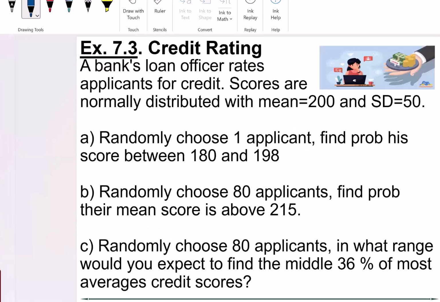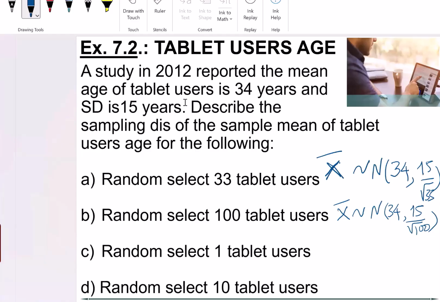But in this case, it didn't say anything about the original distribution. So the central limit theorem is not applicable here. But we can still say something, because we only have one tablet user: the sample mean is exactly the same as the original distribution, so its distribution must be the same as the original one.